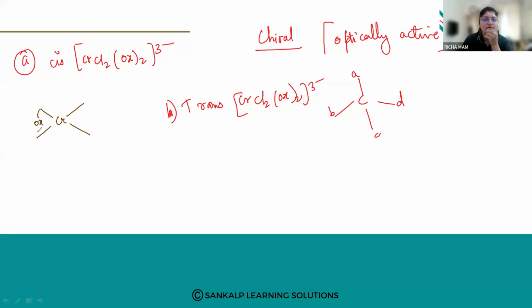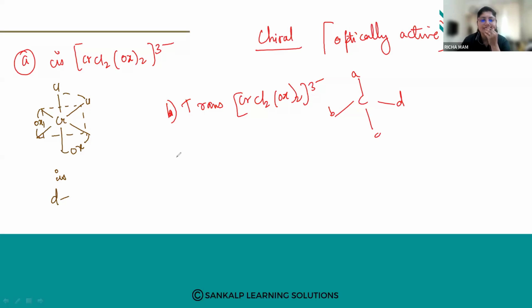So oxalato and oxalato, then chromium. This is one possibility of your cis isomer. So this is cis, or D, because it is on the right hand side.